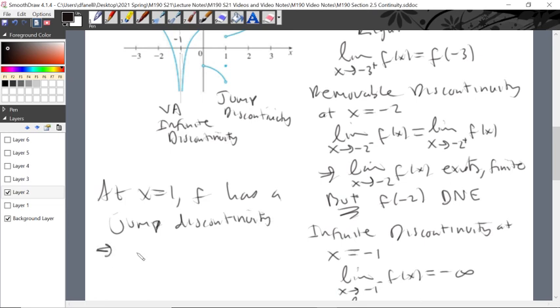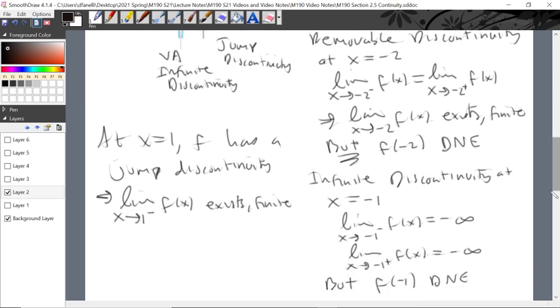That is to say, the limit as x approaches 1 from the left of f of x exists and is finite. The limit as x approaches 1 from the right of f of x exists and is finite as well.